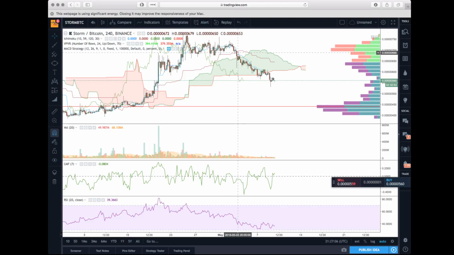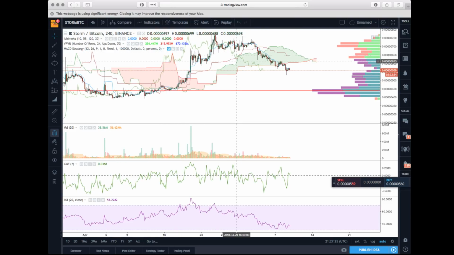That would have obviously, in retrospect, been a great exit opportunity. With TK crosses on the Ichi, it's almost always safer to follow them on the higher time frames and buy back in if they invalidate, because the strike rate on those Ichi crosses is really high, especially on more conservative settings.